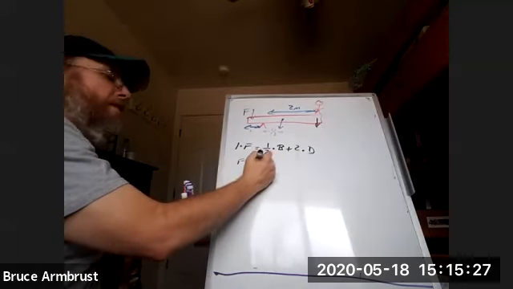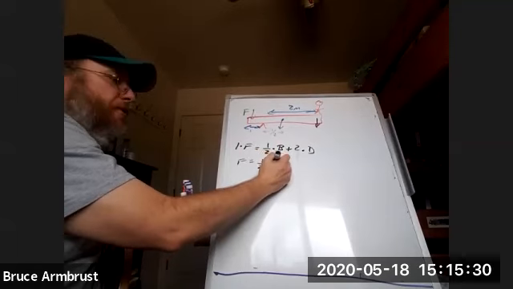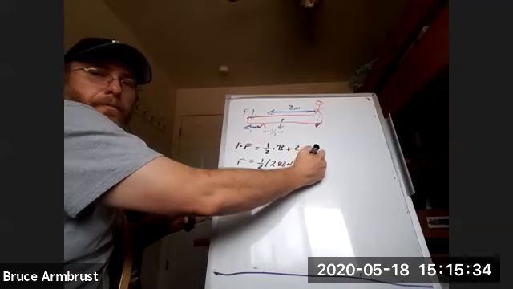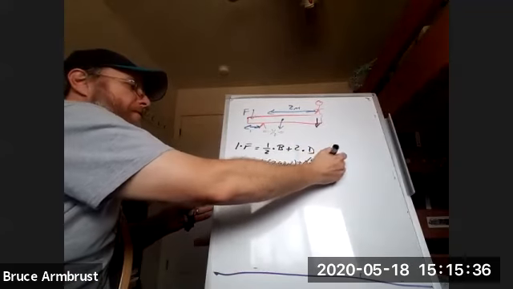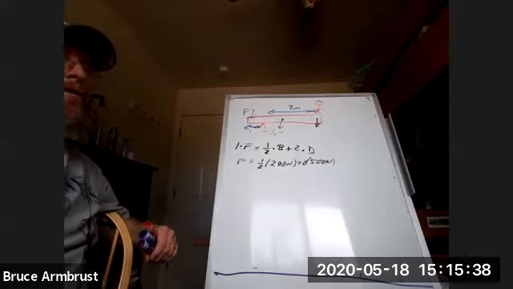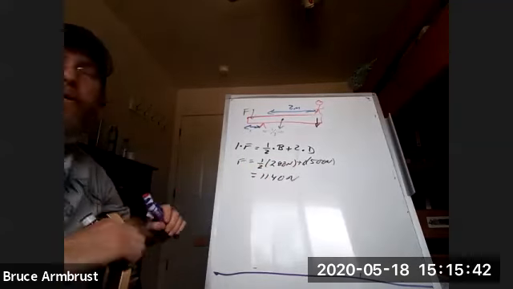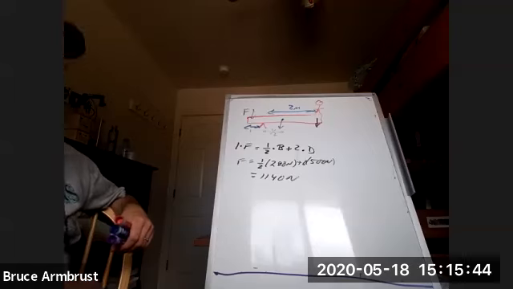So that gives us 1/2 times the 280 newtons for the weight of the board, and 2 times 500 newtons for the weight of the diver, which ends up giving us 1,140 newtons. So that's the force that's necessary on that guy.